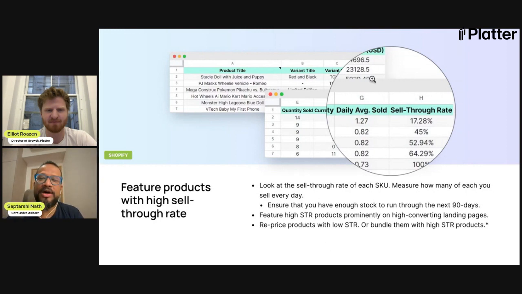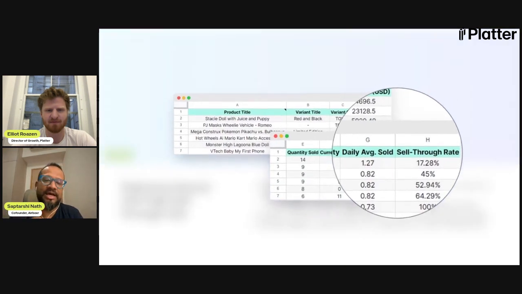And one last point: yes, this is actually slightly more complex to pull. Shopify data for this specific case is not structured in an easy way that you can pull. But to do this analysis, what you can do is pull the sales numbers from Shopify into one sheet, pull the current inventory levels from another sheet, and combine them together to calculate this number.